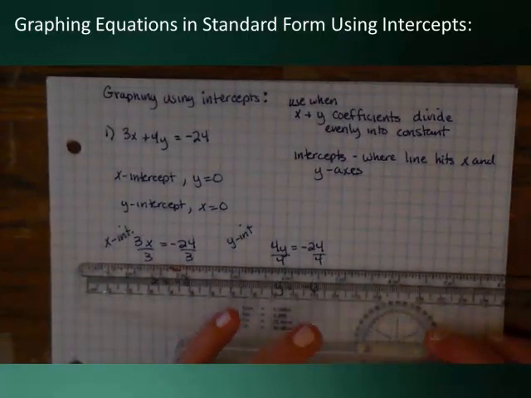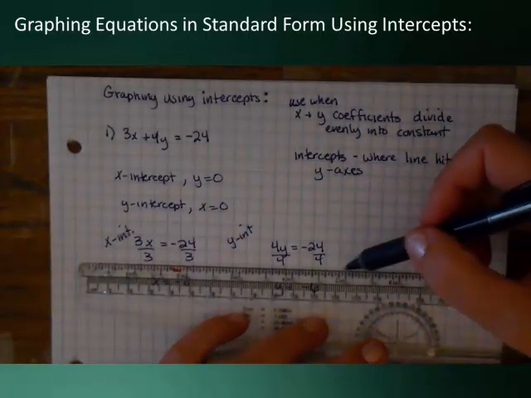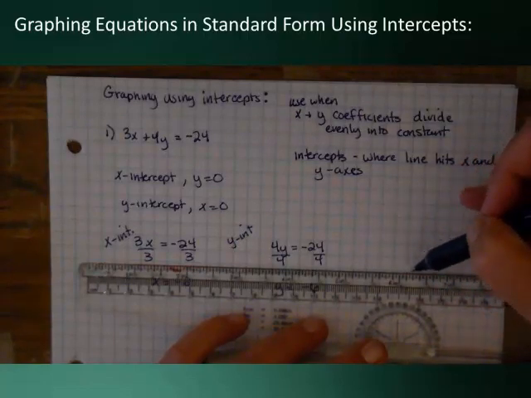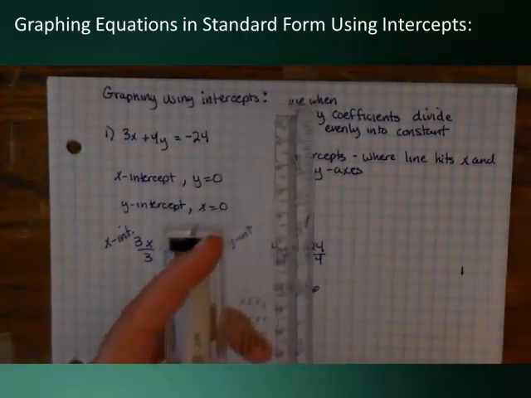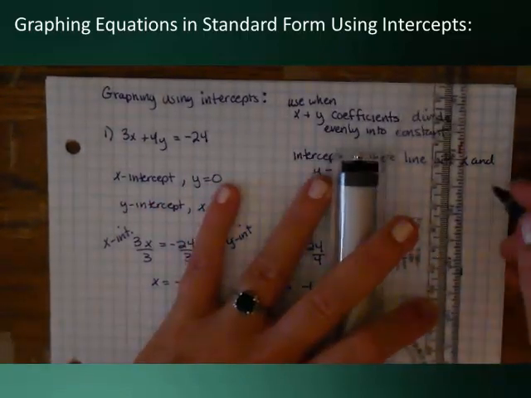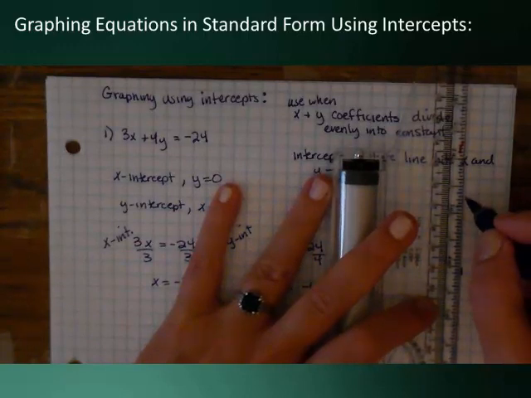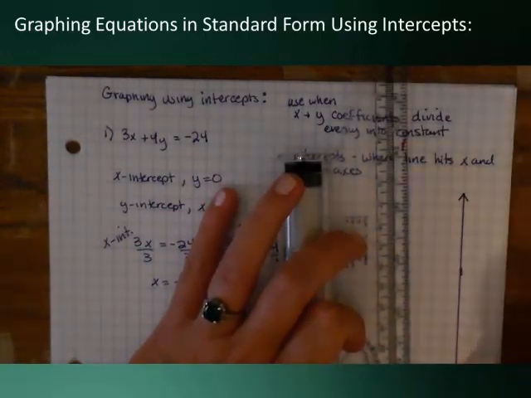Now, in order to graph this in the amount of space I have, I need to make sure I can go negative 8. So 1, 2, 3, 4, 5, 6, 7, 8. I can make this my y-axis. So there's my y-axis.